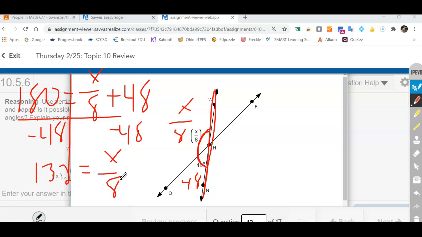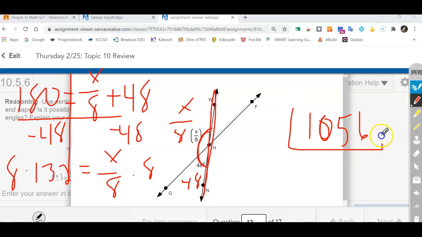And then how do I get rid of the x divided by 8? You're going to multiply by 8, right? What's 132 times 8? 1,056. Is that what you got?